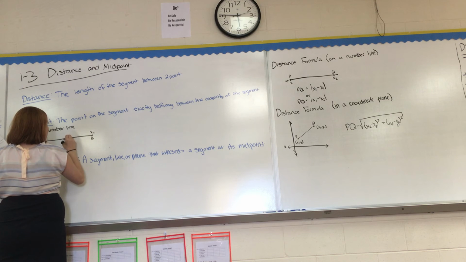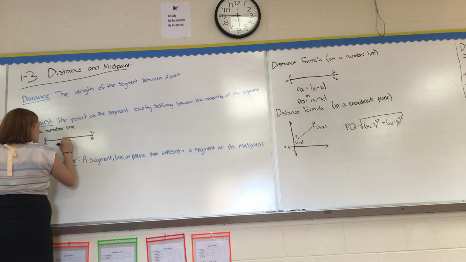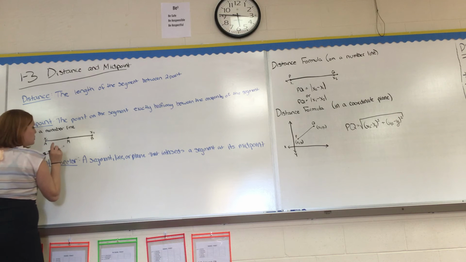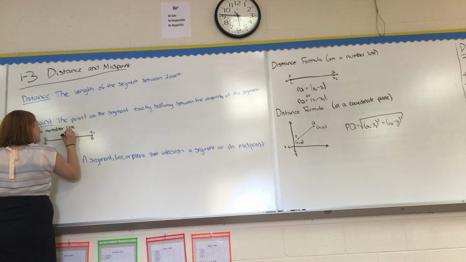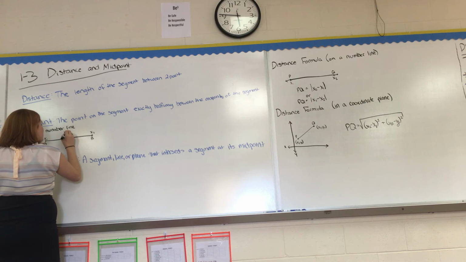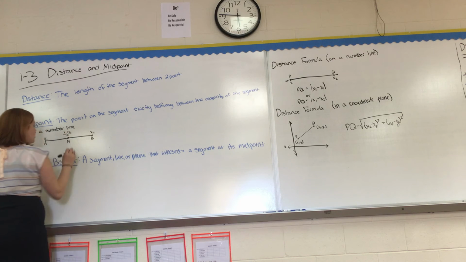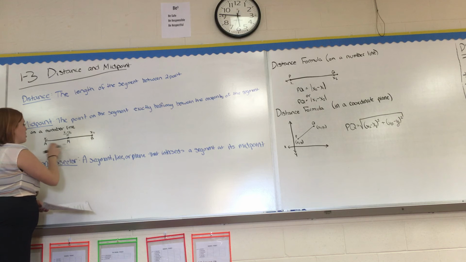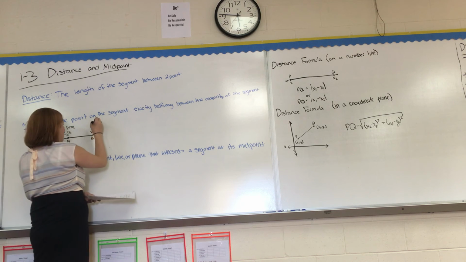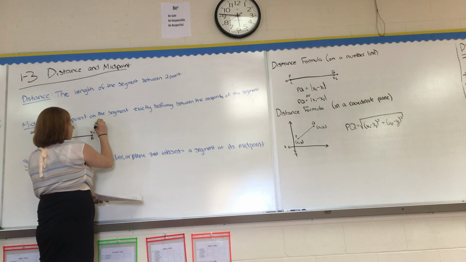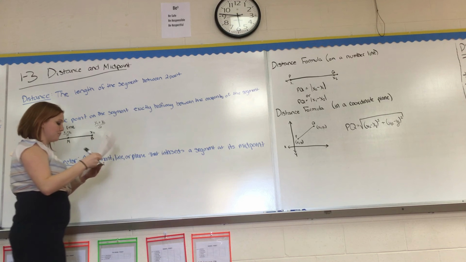Its midpoint, approximately there, which we're going to label M for midpoint, is x1 plus x2, so we want the average. So we take the average, x1 plus x2 divided by 2. So this is the formula for the midpoint on a number line.